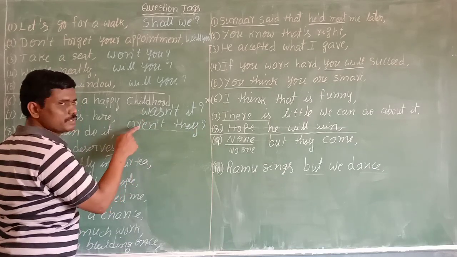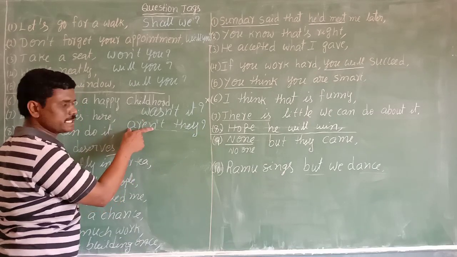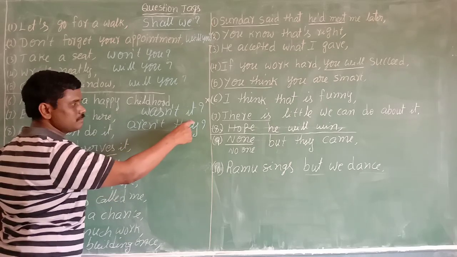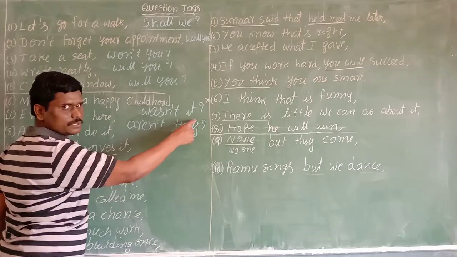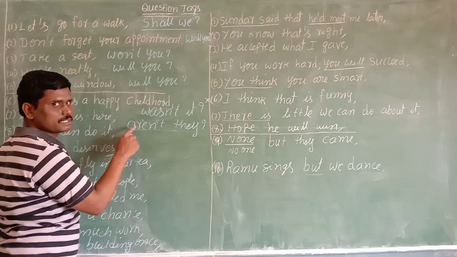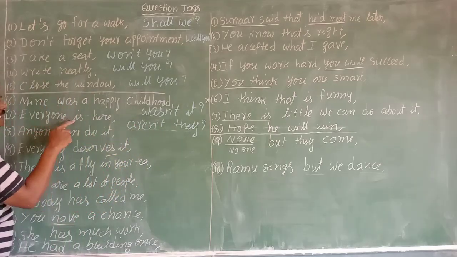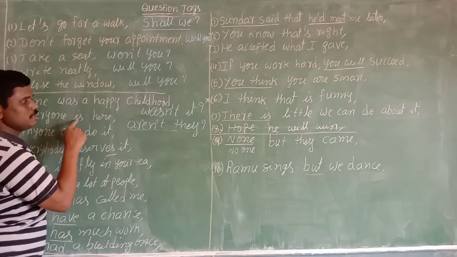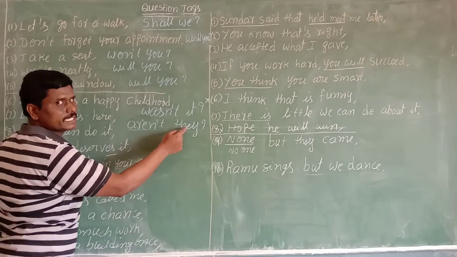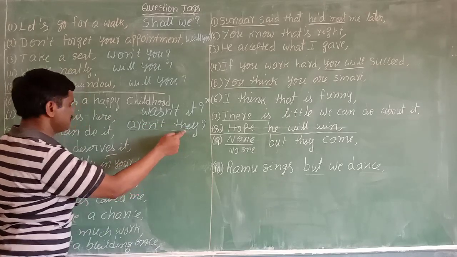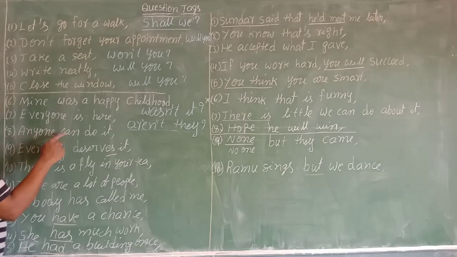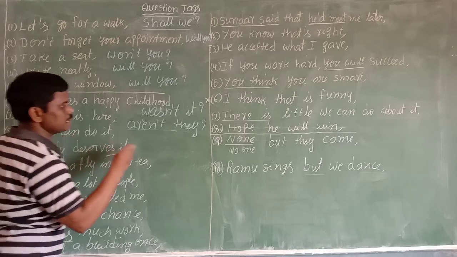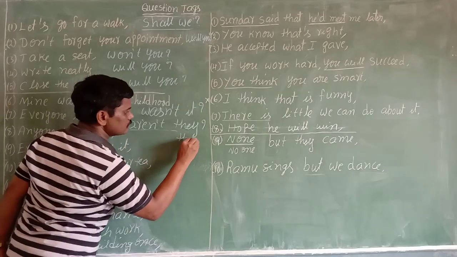Next, before this we use one helping verb. Question tag means helping verb plus pronoun. Here we first wrote the pronoun, and before that one helping verb. Here the helping verb is "is", but we use the related helping verb for they. In the same way here, see, anybody can do it. Anybody means they.